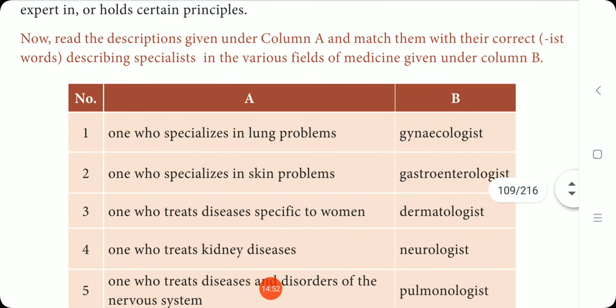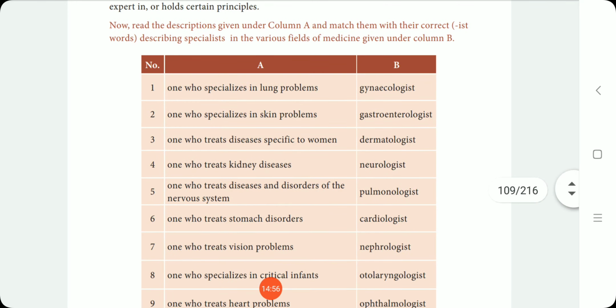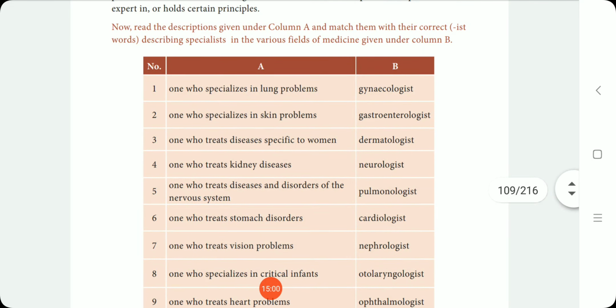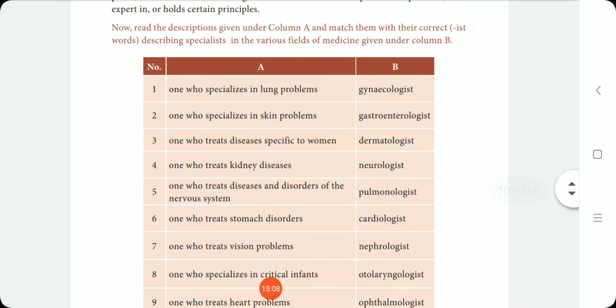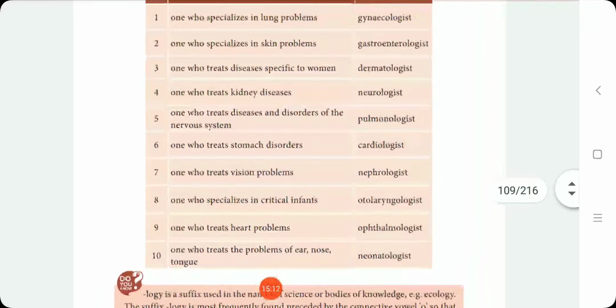Now read the descriptions given under column A and match them with their correct describing specialist in the various fields of medicine given under column B. So you have to match it. See, listen.